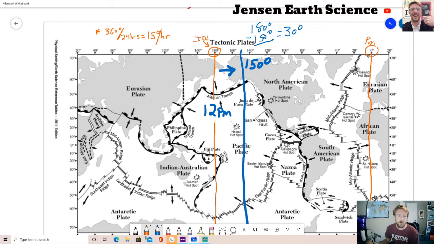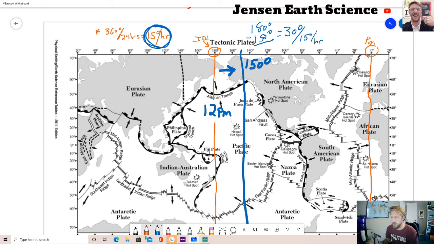So we know there's a 30-degree difference. Then we want to use our magic number to divide, because we know it's 15 degrees per hour. So I take my difference in degrees, 30, and divide it by 15 degrees per hour.